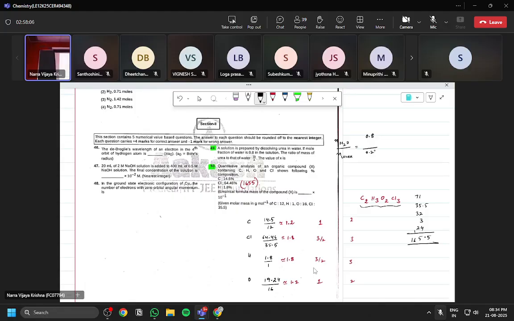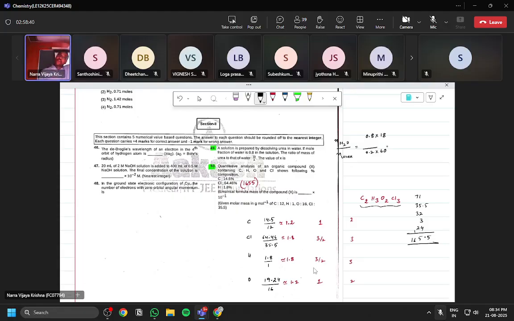Number of moles can be written as weight by molecular weight. I can take number of moles of water as 0.8x, number of moles of urea as 0.2x, na? So number of moles into 18 gives the mass of water, into 60 gives the mass of urea. What do they want? Ratio of mass of urea to that of water.